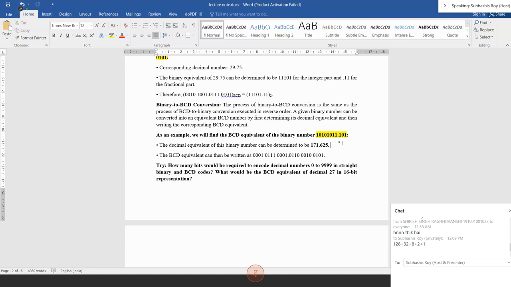But the point to be noted here is that in whatever number system the number is given, suppose it is octal, hexadecimal or binary, you need to convert it to decimal first. If you try to convert directly to BCD, there will be an error because you cannot convert it. As you see from this BCD table, it is for decimal digits.